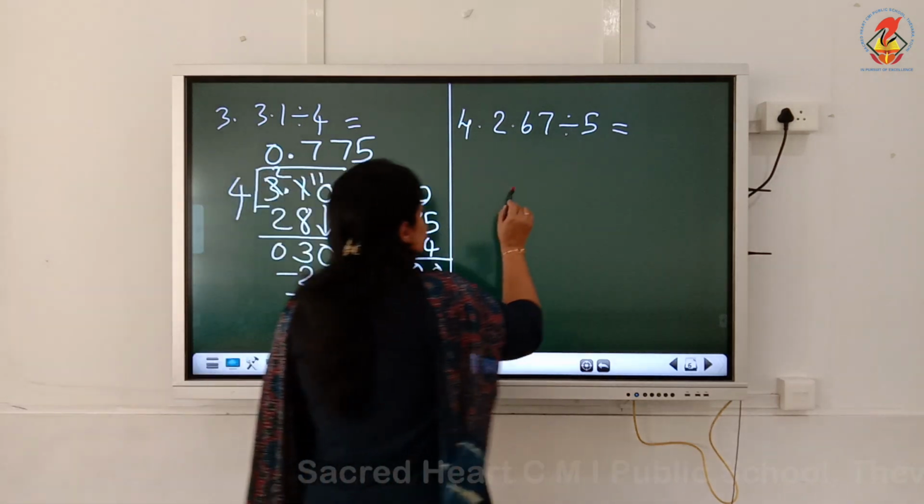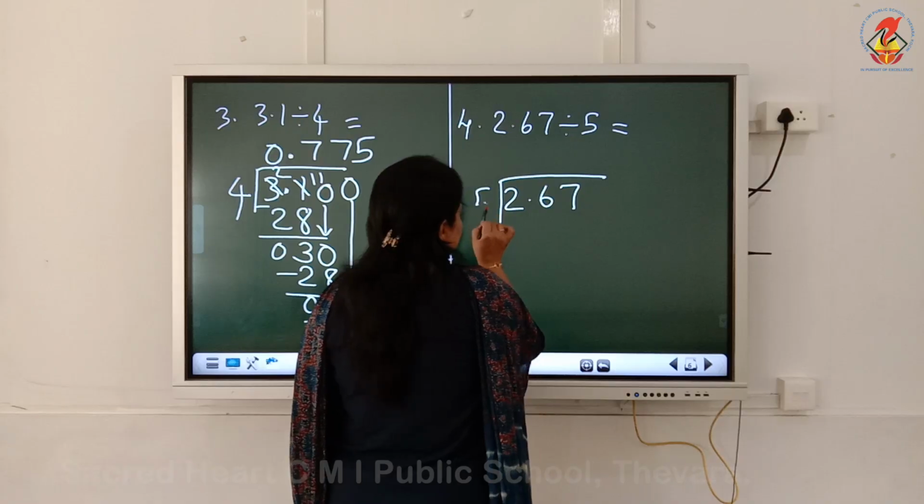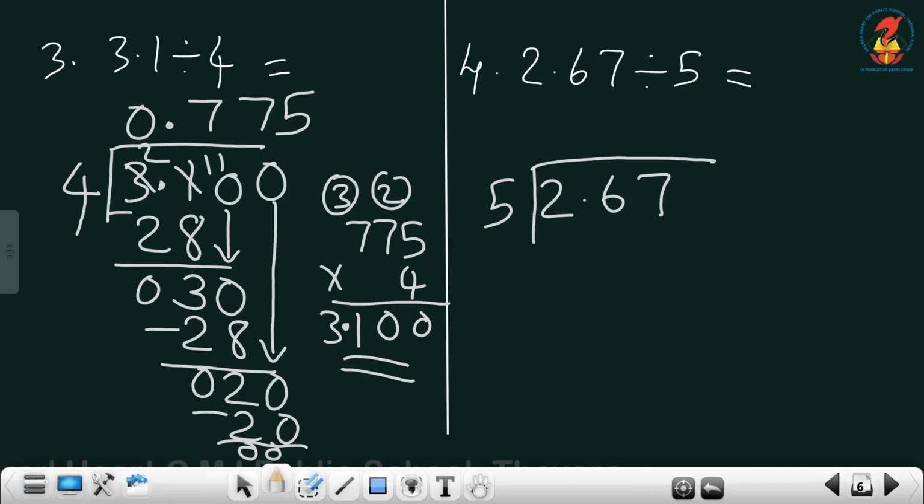And the next one is 2.67 divided by 5. The first digit is 2. I can't do anything with this digit, so I need to put one 0 in the quotient and one point also. After that I need to consider the first two digits together. 5 5s are 25, and the remainder is 1.